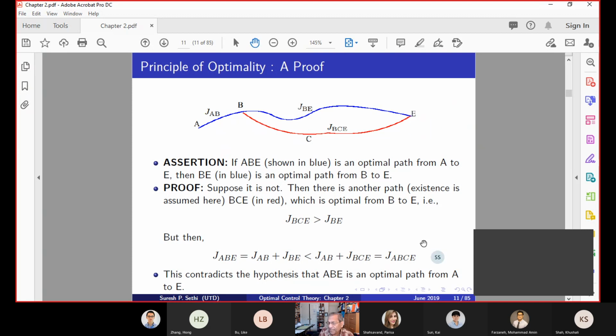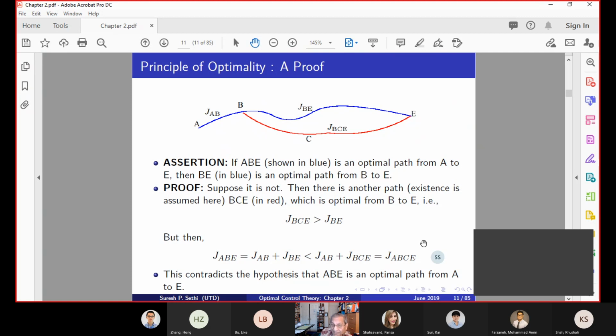Because at every time t, I have a new problem from that point to T, right? I can resolve the new problem. So if I solve the problem from zero to capital T, and then I come back to some time, so let's say I use the control up to t, and at t, I decide to resolve the problem. Now, if I resolve the problem and I find a different control than what I found earlier, then it's not consistent, right?